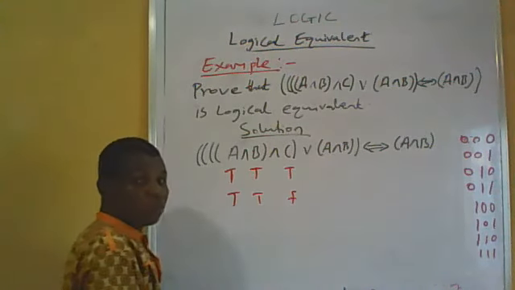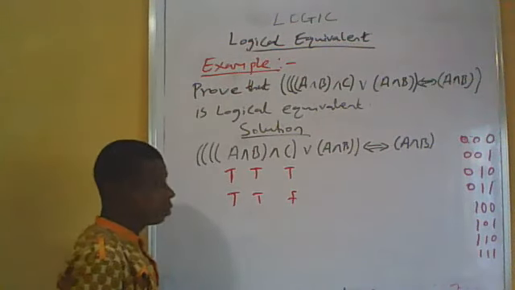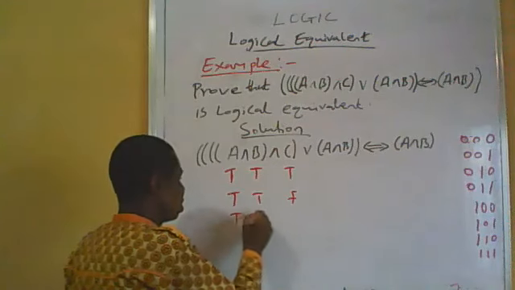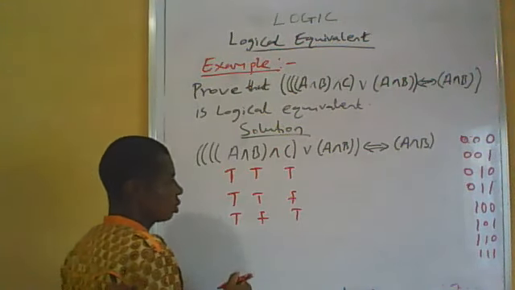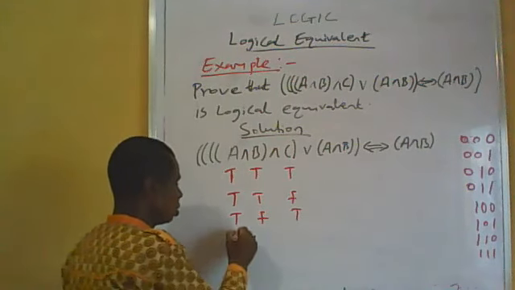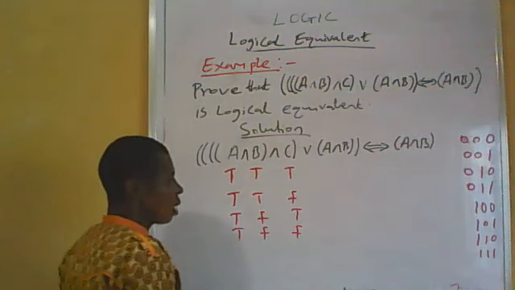I have 1, 0, 1. That means T, F, T. Next one is 1, 0, 0. T, F, F. Next one is 0, 1, 1.